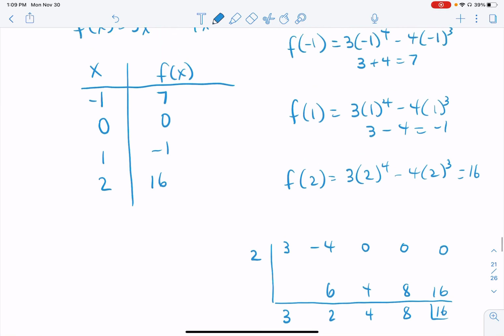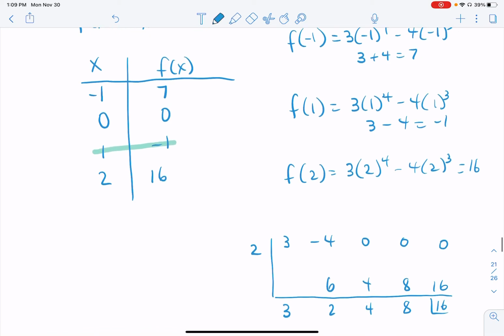Okay, so let's draw our conclusion. What is our absolute minimum value? Our absolute minimum happens at x equals 1. But that's not what the absolute minimum value is.